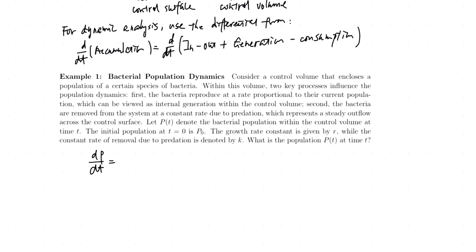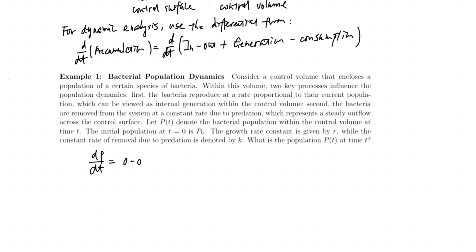Since during the experiment we are not adding new bacteria into the culture dish, and also not physically removing bacteria out of the culture dish, there is no bacteria that goes across the boundary of the control volume. So there will be no in and out terms. The first two terms will be 0.